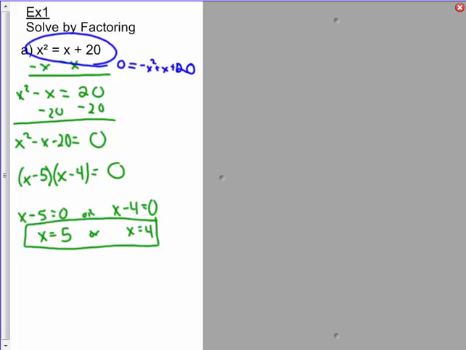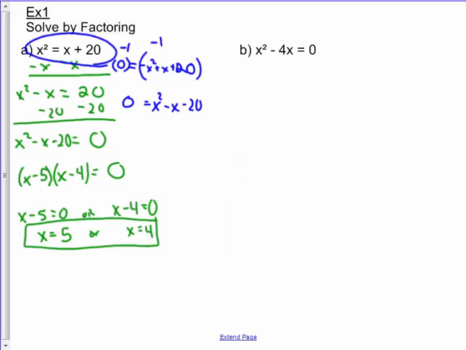And if I wanted to deal with a positive x squared, I could have multiplied each side by a negative 1. Again, I get 0, but then I get x squared minus x minus 20 on the other side. So I could have done that as well, multiplying by a negative 1. Could you have not multiplied by a negative 1 and just factored it? That would be fine too. Doesn't matter.